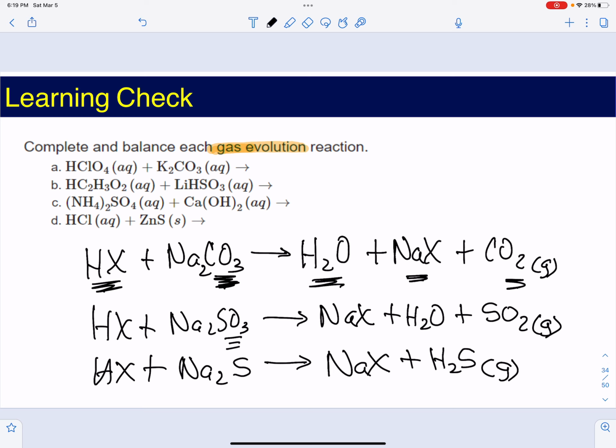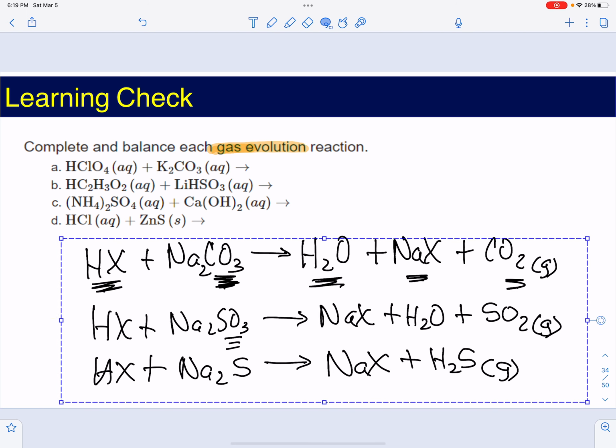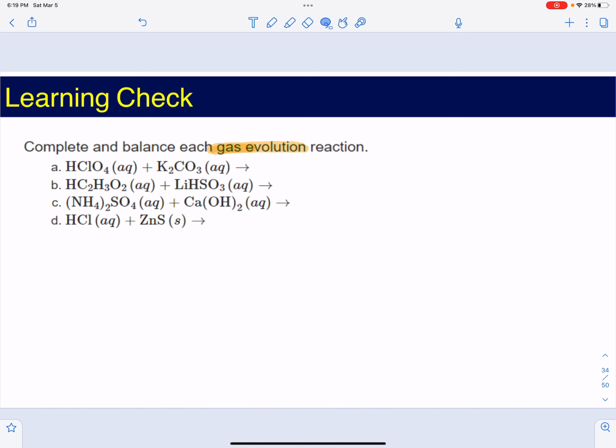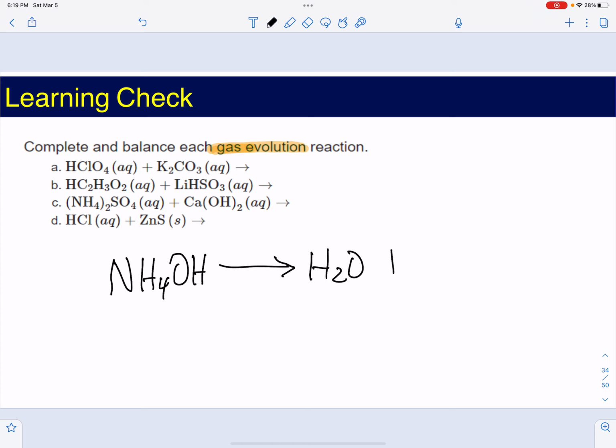Is there any other one? Yes. Every time any of your reactions produces ammonium hydroxide, this will decompose immediately into water and ammonia. And ammonia is a gas.